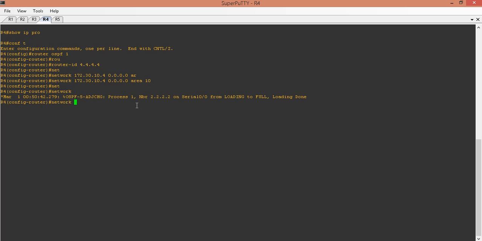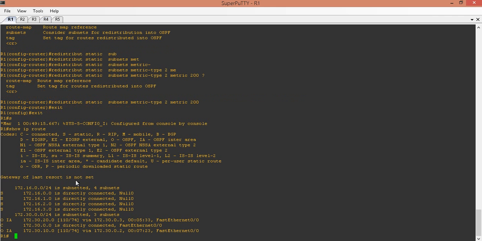Okay, it is 10.10.0.0 with wildcard 0.0.0.255 area 10. Okay, let me cross check before. Yes, that is it, area 10. By now router 1 should be seeing those loopbacks.